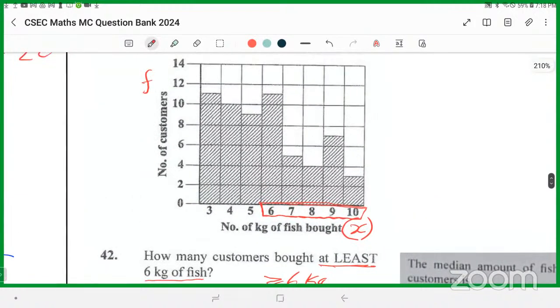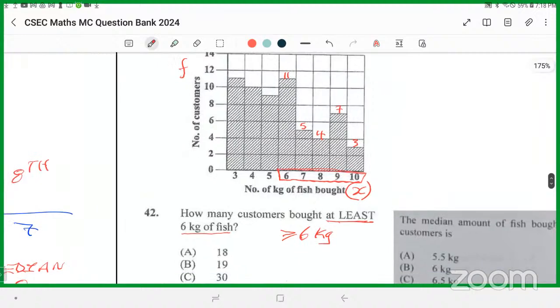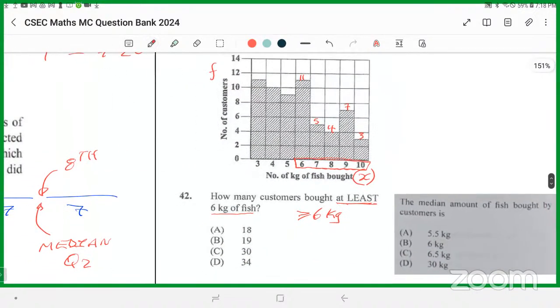So this is 11 up here, so down here it's 5. Right here is 5. Right here is 4. Right here is 7. Right here is 3. So you're adding up those for those who selected at least 6 kilograms.